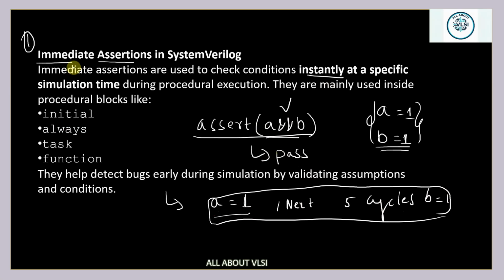Immediate assertions can be used inside initial blocks, always blocks, tasks, and functions. They cannot be used outside these blocks. This can be helpful for detecting early bugs during the simulation by validating assumptions and conditions. So this is nothing but my immediate assertions.